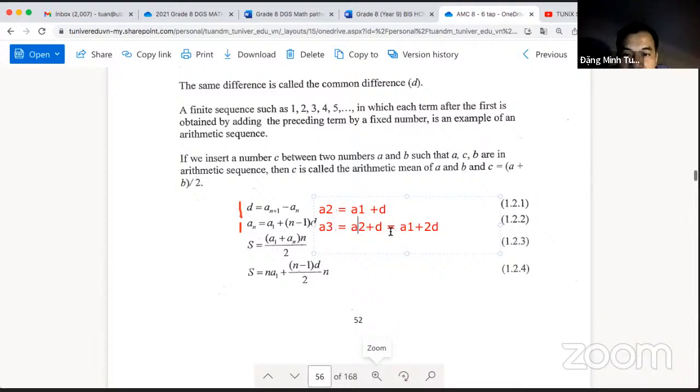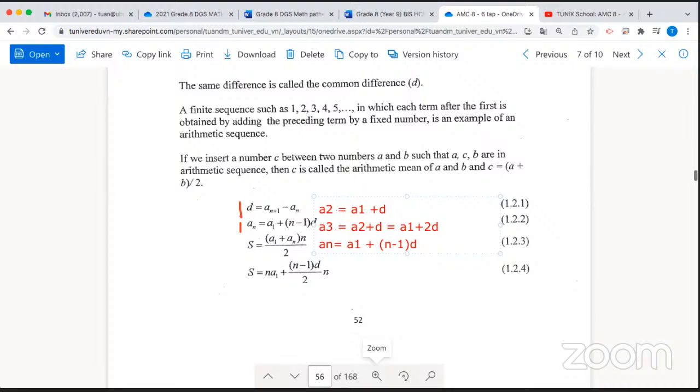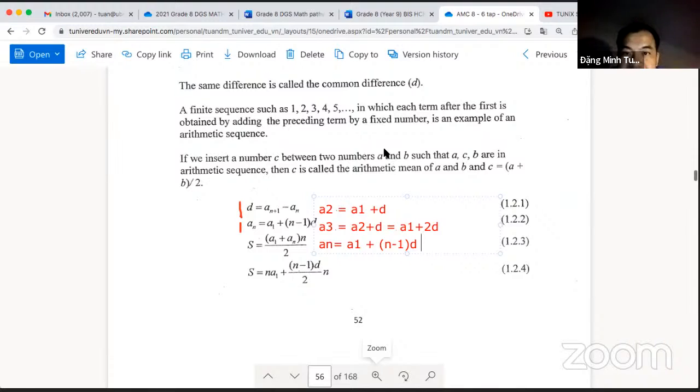So in the general case, you have An equals A1 plus (n minus 1)D. Okay? You got it? Understood.